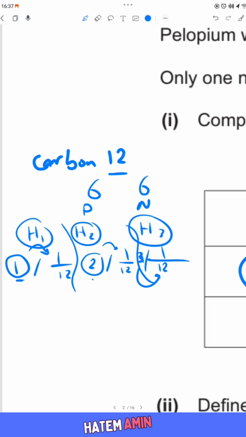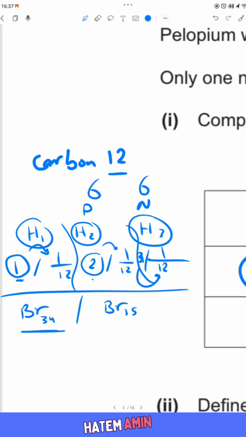H1 is 1 part. If we take another example, for example, bromine 34 or bromine 35, what's the difference between them in relative isotopic mass? Bromine 34, if we compare 34 to 1/12, how many parts of 1/12 does it have?